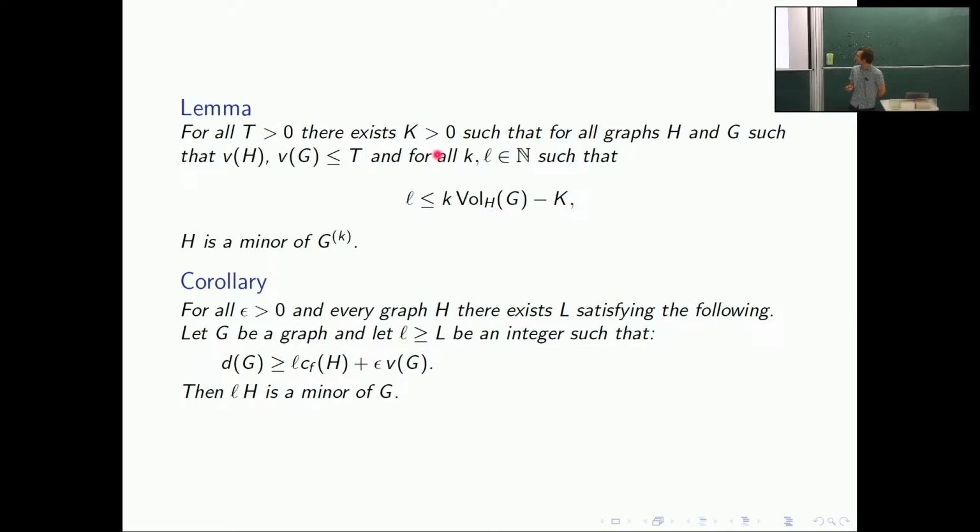That if you have some L which is less than or equal to k times the h volume of G minus some negligible amount, then H is a minor of the kth blow-up of G.